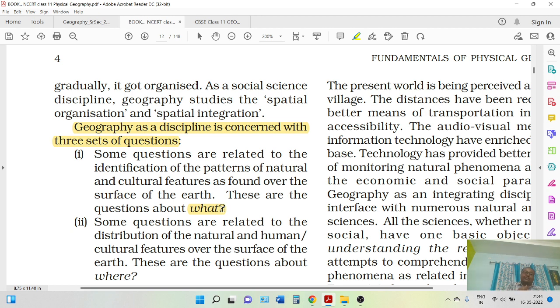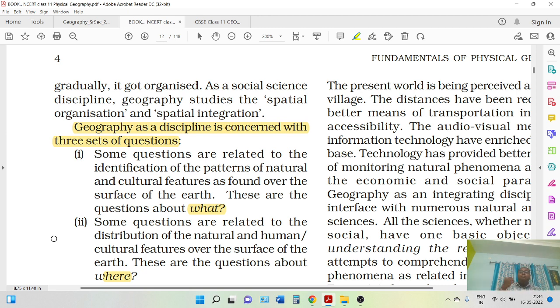Okay, next is where. At the very beginning I told you that location plays a very important role. For example, my house is near this place. Geographers always deal with location and direction: north, east, south, northwest, southeast, southwest.